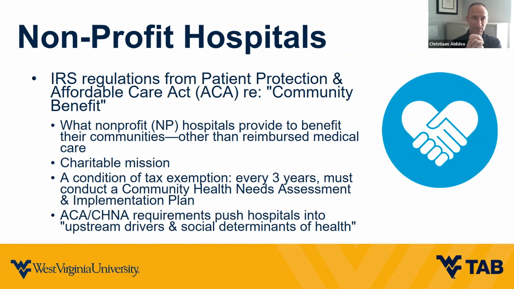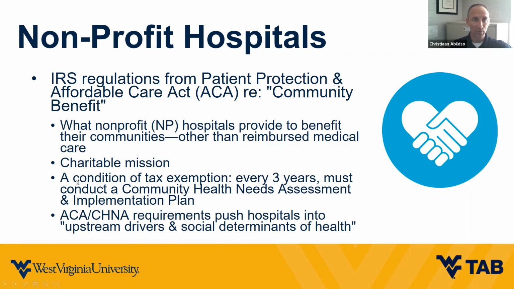In states that expanded Medicaid, a lot of what hospitals write off as charitable care has reduced quite a bit. So they have to show they're really working to provide community benefit to address priority health needs as part of their charitable mission.